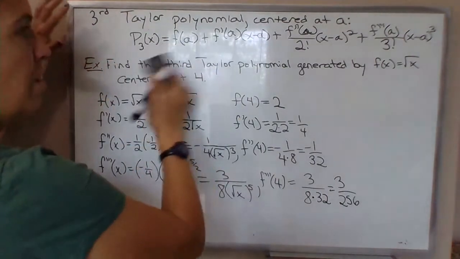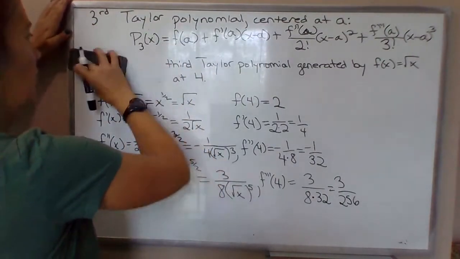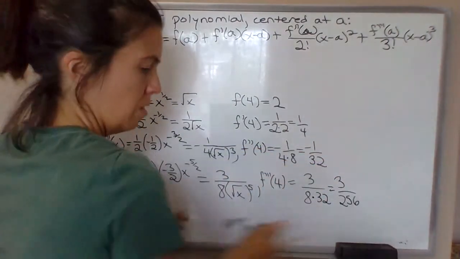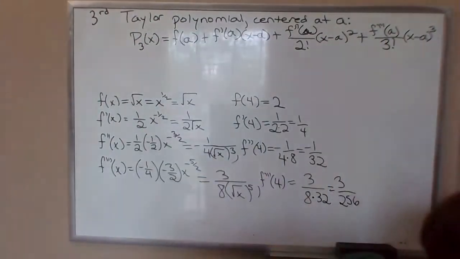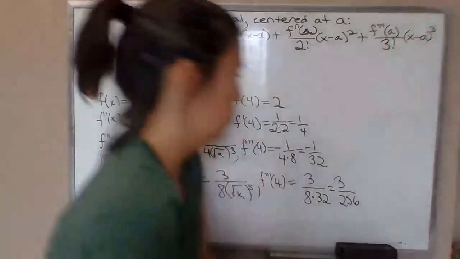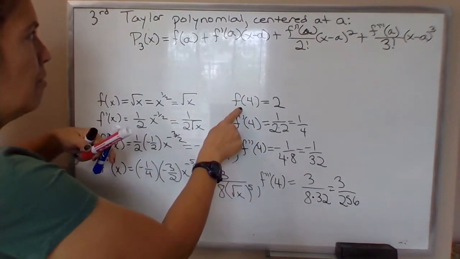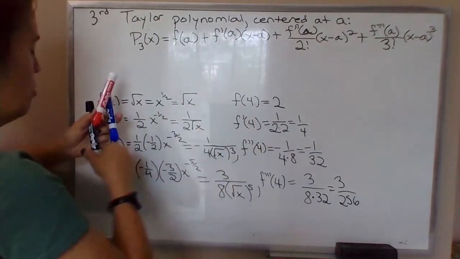So this third Taylor polynomial, I'm going to erase the question that was asked here. We're ready to fill in the answer. I'm going to get my colored markers. Okay. So now we just plug in. So function evaluated at the center is 2.